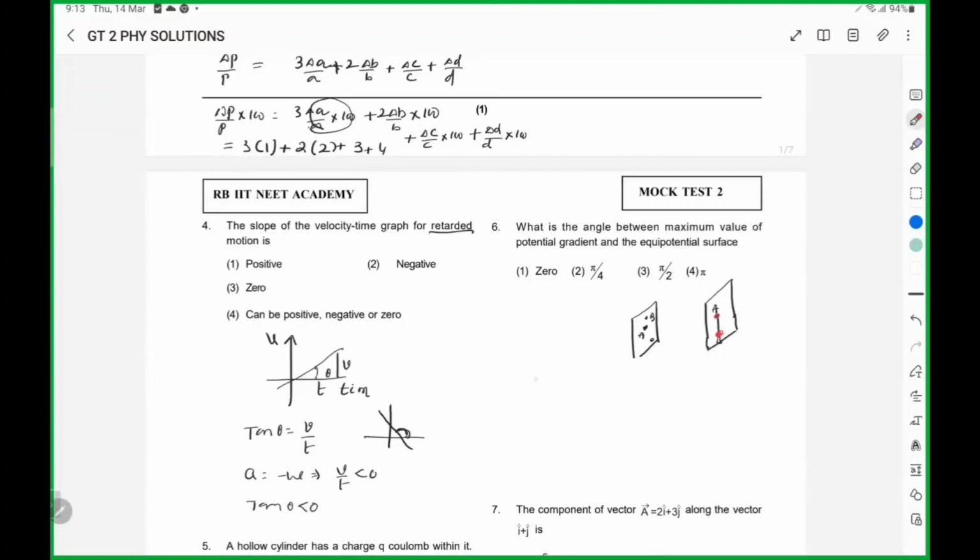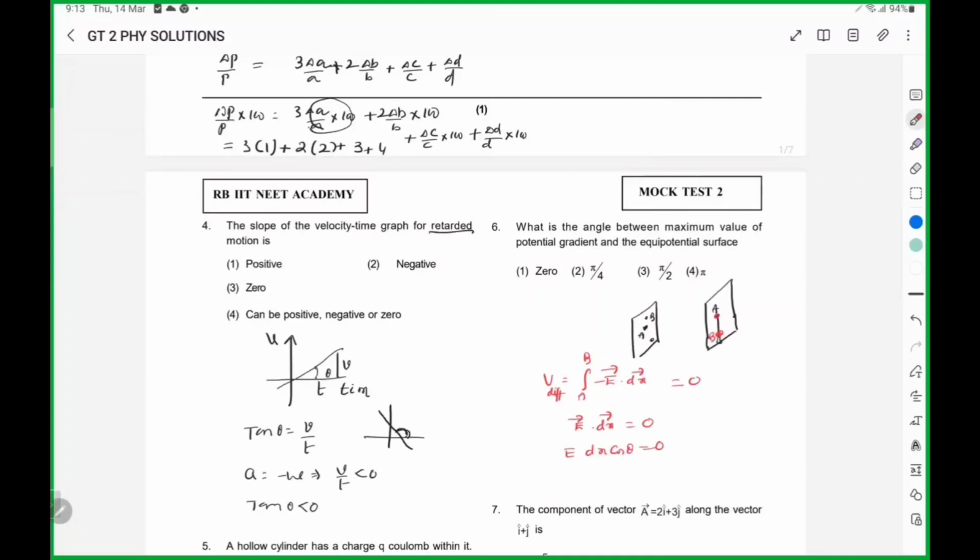potential is same. V here is in fact minus E dot dx. So here it is potential difference from A to B, let us say. So this is 0, which implies E dot dx is 0. So E dx cos theta is 0.